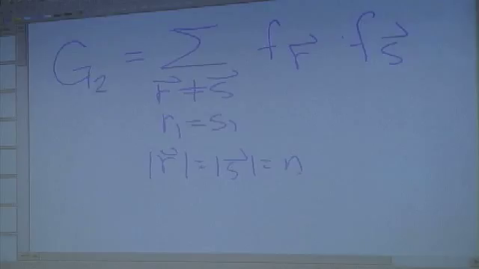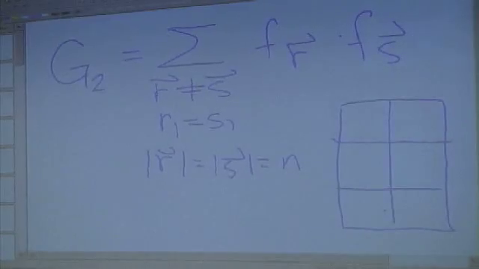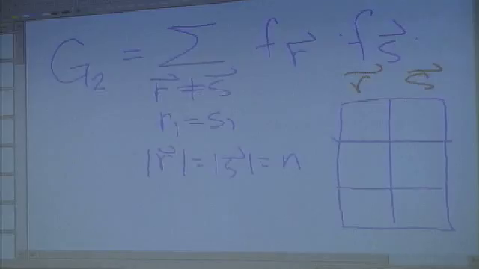So, how should this term behave? Well, let me just draw a chart. And now I'm going to use the technology. This is R. This is S. So these indicate the coordinates of the two different vectors R and S that we sum over.